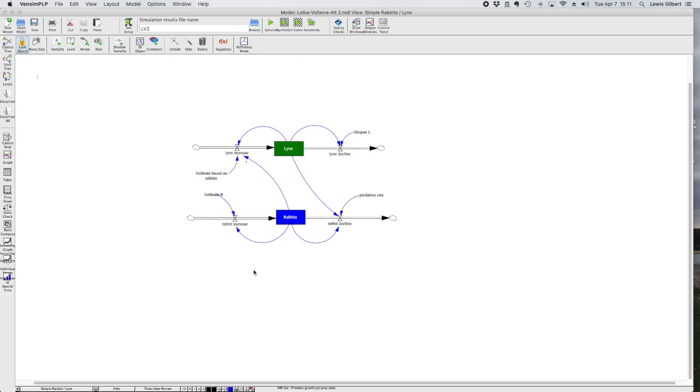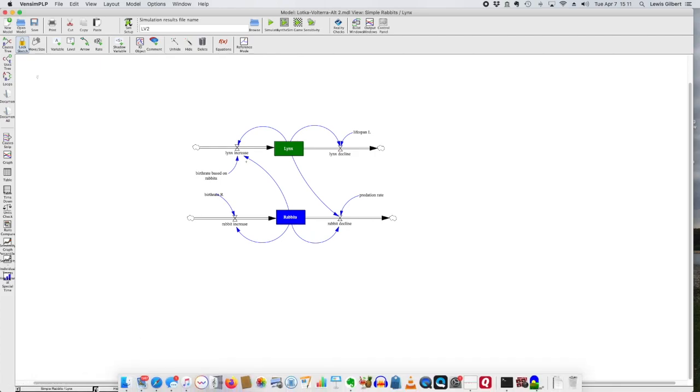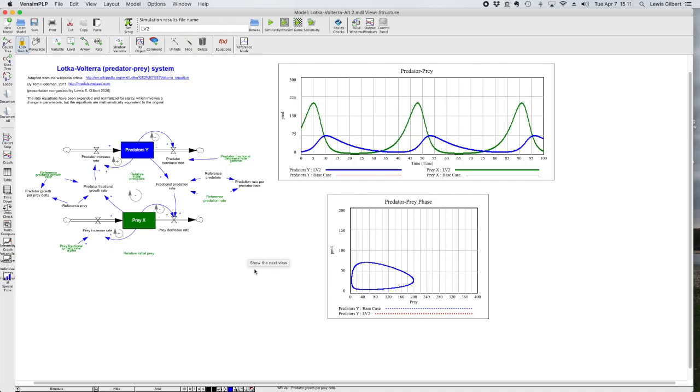As you'll recall, I had trouble scaling this. But a guy called Tom Fiddaman did a nice version of this, and that's the model that we're going to use. So he has generalized it.